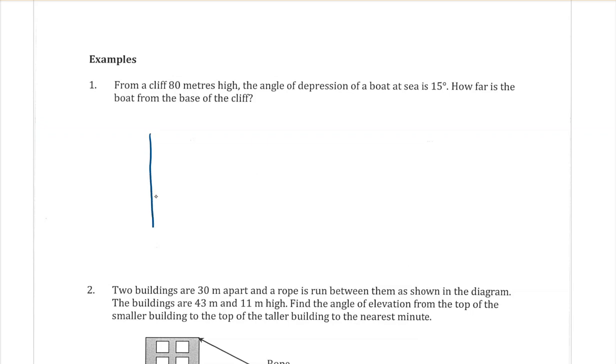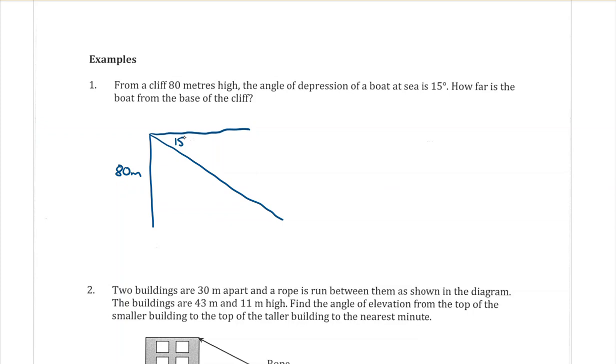It's a line. Okay? The cliff is 80 meters high. The angle of depression, which means if I'm imagining that person standing on top of the cliff, the angle of depression, there's my horizontal line. This is not to scale. My angle of depression would be that angle in there, 15 degrees.